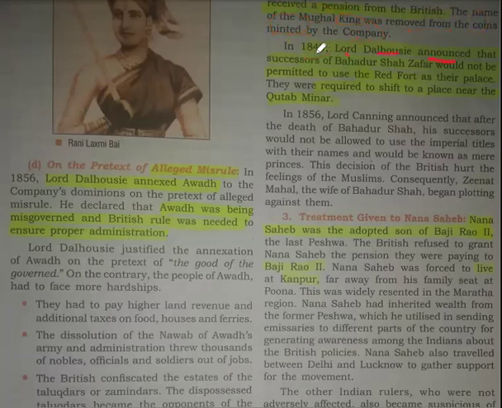In 1849, Lord Dalhousie announced that the successors of Bahadur Shah Zafar would not be permitted to use the Red Fort as their palace. They were required to shift to a place near the Qutub Minar. In 1856, Lord Canning announced that after the death of Bahadur Shah, his successors would not be allowed to use the imperial titles with their names and would be known as mere princes.